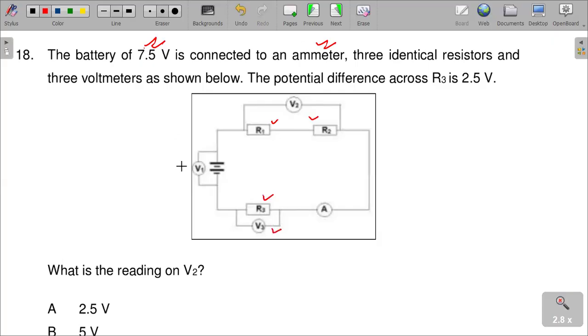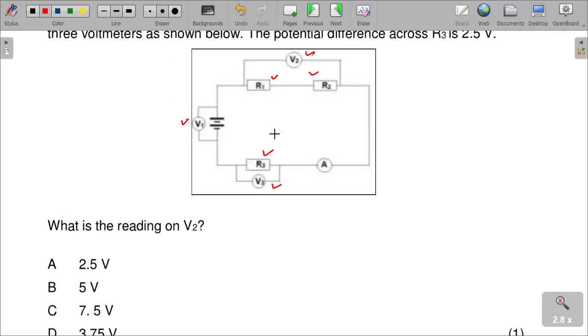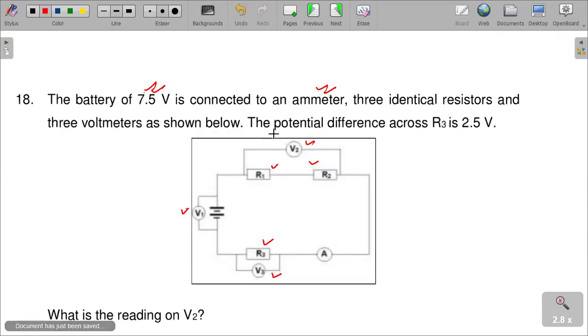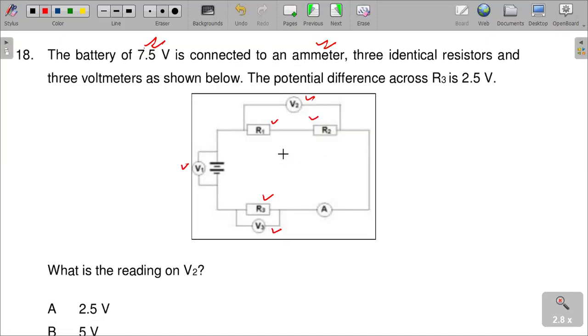What is the question? What is the reading on V2? V2 is this one.